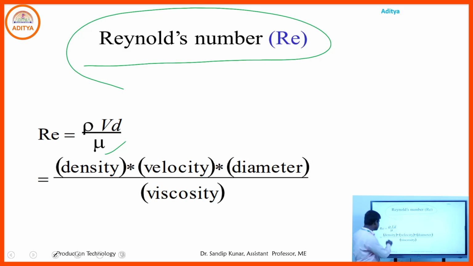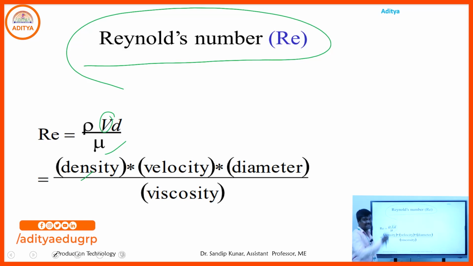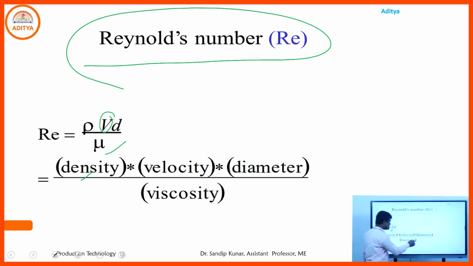Rho means density, V means flow velocity of the liquid metal, and d is the diameter of the gating system, the runner, which maintains a cylindrical or circular shape, and mu is the dynamic viscosity. Based on that formula, we find out the Reynolds number.